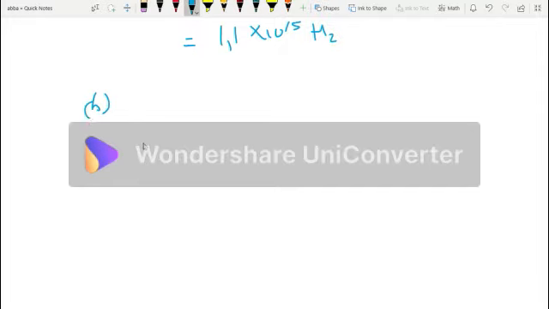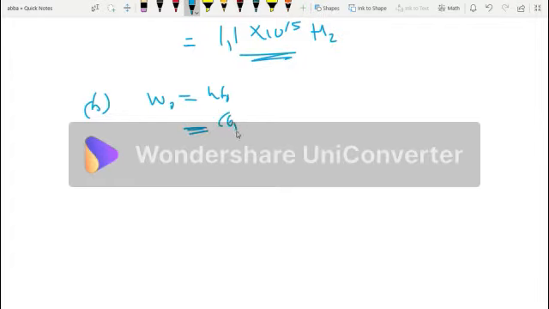So now remember that the work function is going to be equal to h f0. So we have f0, which is this, and we know h is Planck's constant.